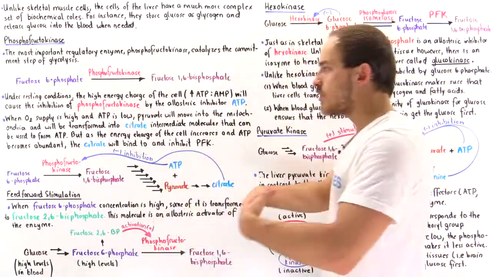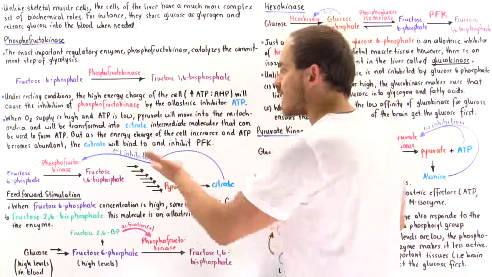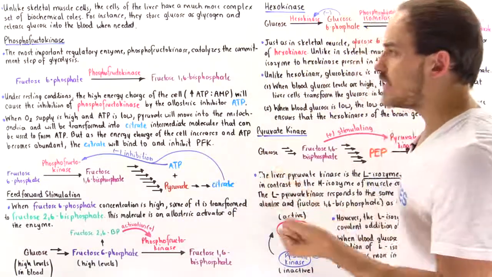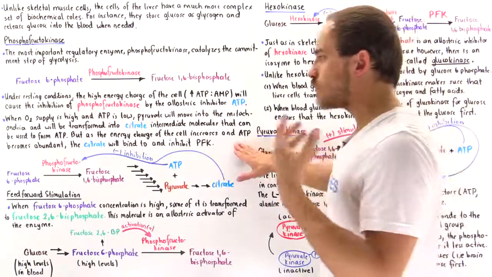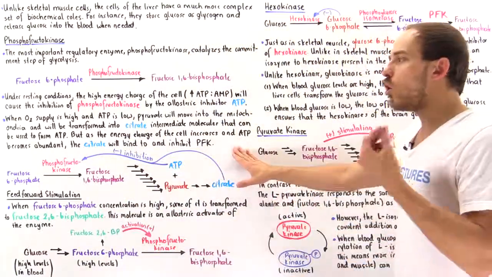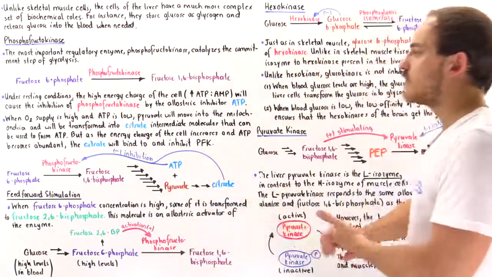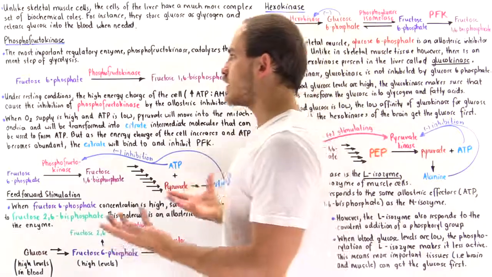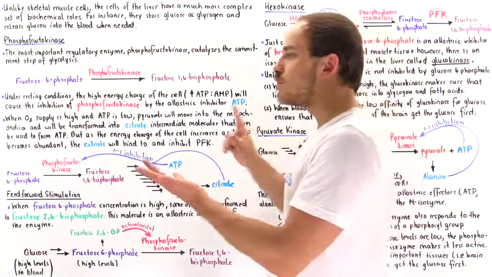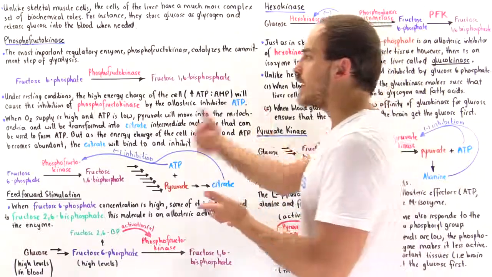Eventually, after we form many ATP molecules and the concentration of ATP rises and the energy charge of the cell increases, we will not want to form any more ATP molecules, because not only will we have enough ATP molecules to go around, we'll also have enough citrate molecules to create ATP molecules. So in this case, if we have plenty of ATP molecules, that means we'll have plenty of pyruvate molecules and plenty of citrate molecules circling in that Krebs cycle.